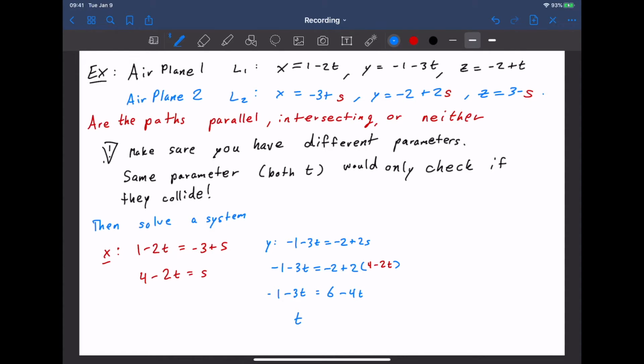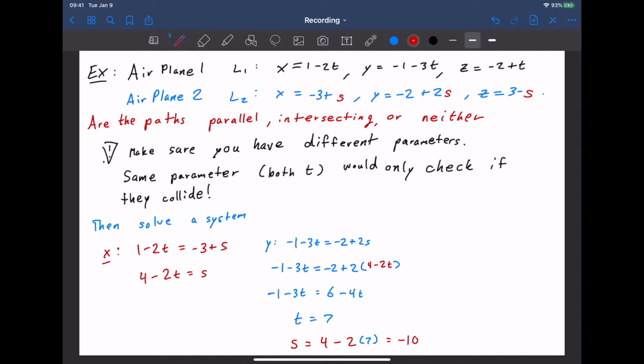And I get t equals, almost messed that up, negative 7. That's a negative. If t equals negative 7, then plugging that into s, we'll get 4 minus 2 times negative 7, which is, of course, 18.